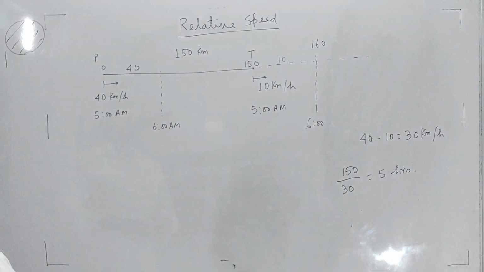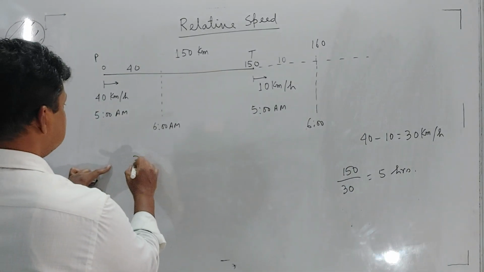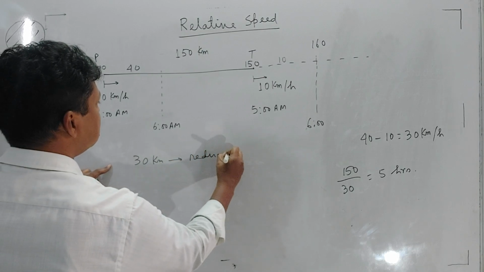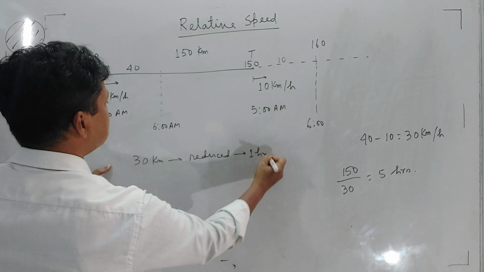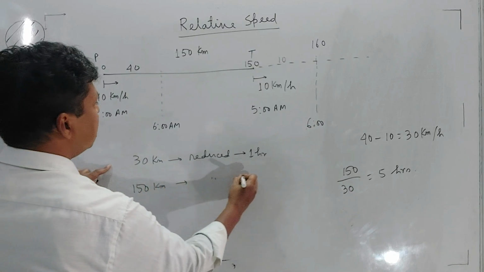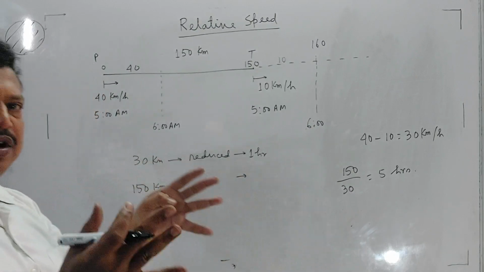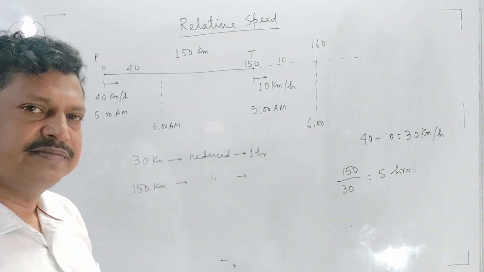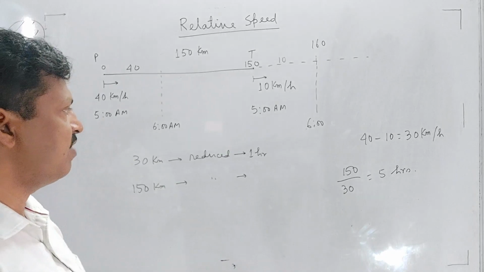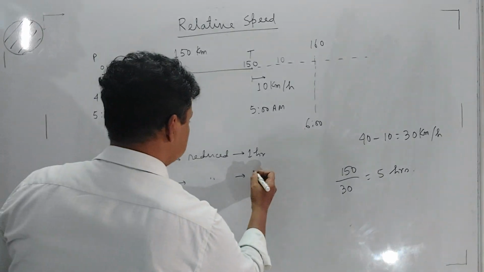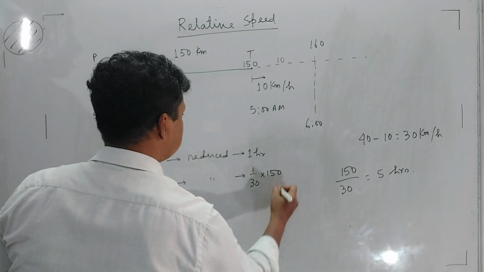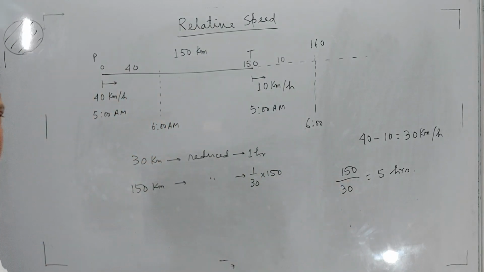So other way around, if you use unitary method, can I say 30 kilometer is reduced in 1 hour and 150 kilometer is reduced in how many hours? If you reduce 150 kilometer, that means you are meeting. So the police and thief are meeting. So the gap is 0. So it will be 1 by 30 into 150. And that's nothing but this. All right.